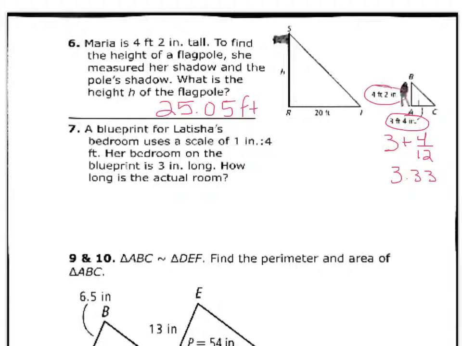And for this one, we got 4 plus 2 out of 12, which was 4.16, so 4.17 when you round it off. Okay, this is feet and this is feet. And you can just set up the ratio, the proportion, and you get the answer.